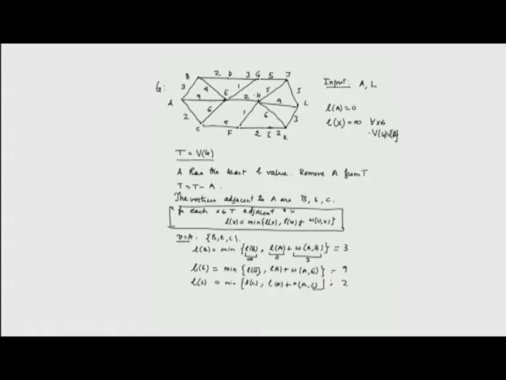Now, we see that we have a graph where I do not consider A anymore. So, that is my new T, and B has label 3, E has label 9, C has label 2 and all the others have label infinity.